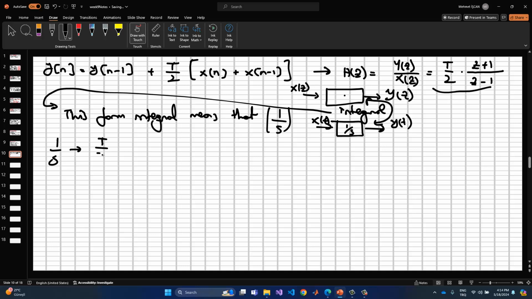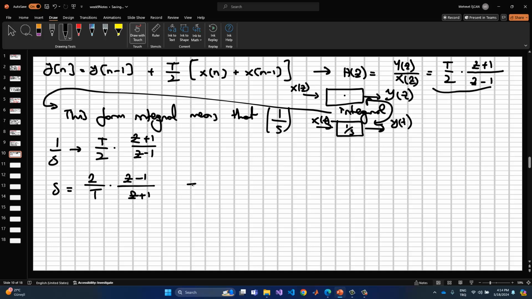This is equal to T times (z plus 1) divided by 2 times (z minus 1). And so s must also be equal to 2 divided by T, the inverse of these terms, (z minus 1) over (z plus 1). Okay?